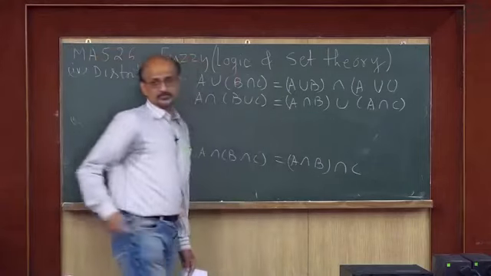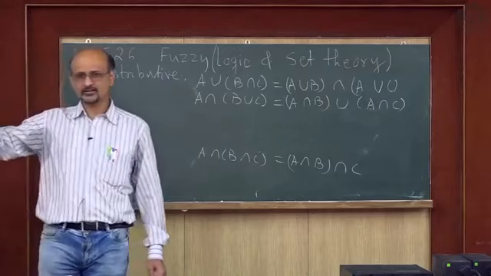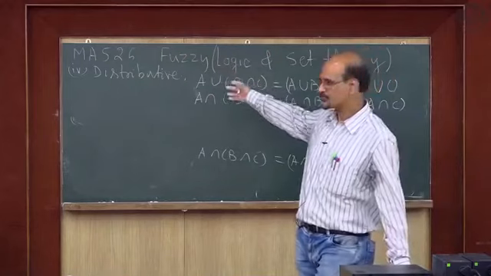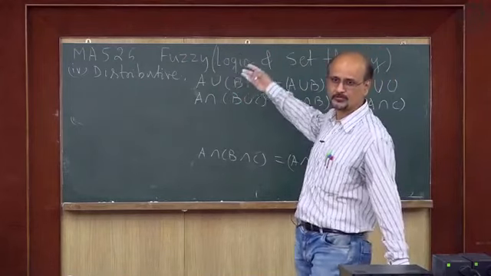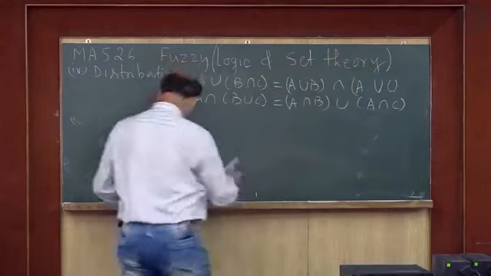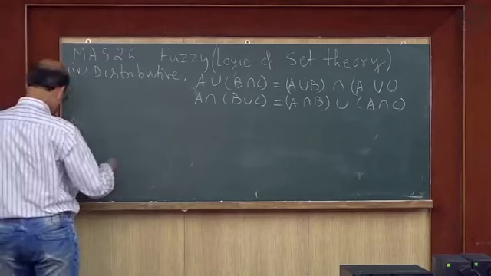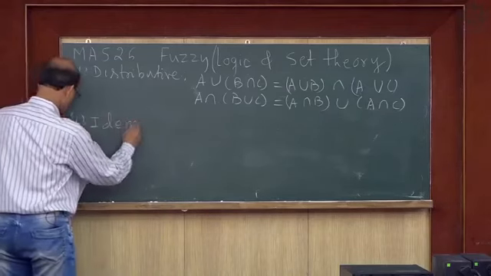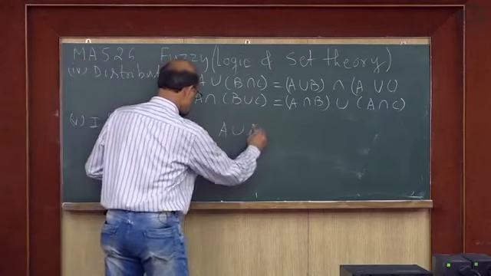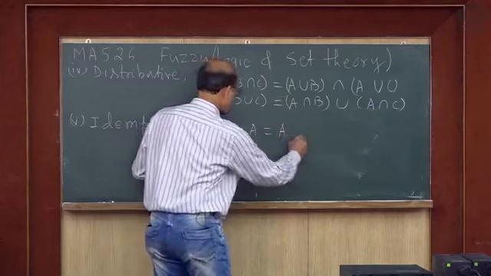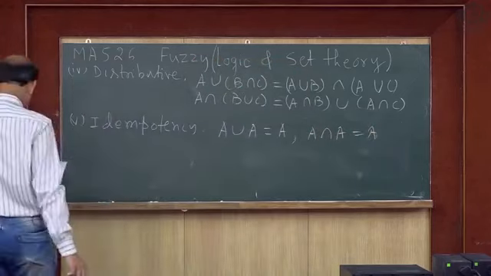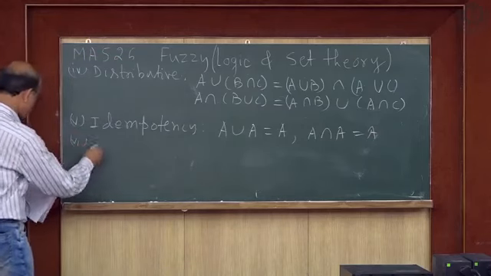And that is the problem actually when you solve a differential equation or integral equation or any hardcore mathematics, the procedures you will use, the eigenvalue problem. That is the main difficulty. Then we have idempotency. This is nothing but A union A is A and A intersection A is A. Sixth is absorption.